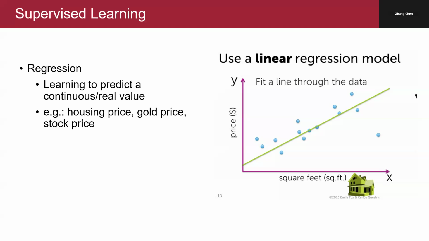So the model learns a line that summarizes how price changes as the size increases. This is very obvious, of course: the larger the size, the more expensive. Once the model is trained, we can predict the price of a new house based on its size, right?